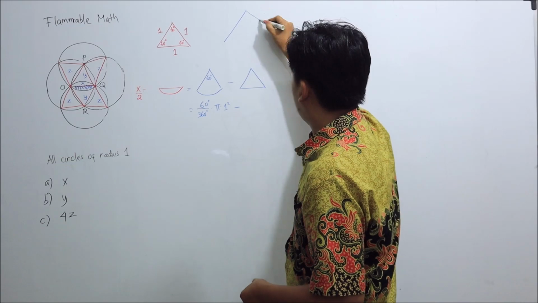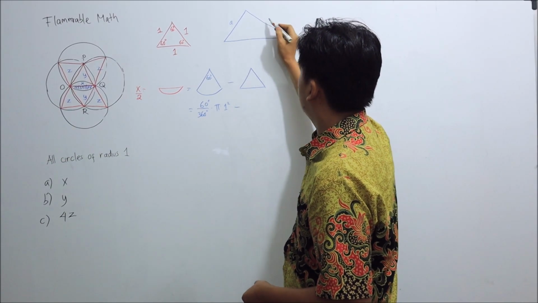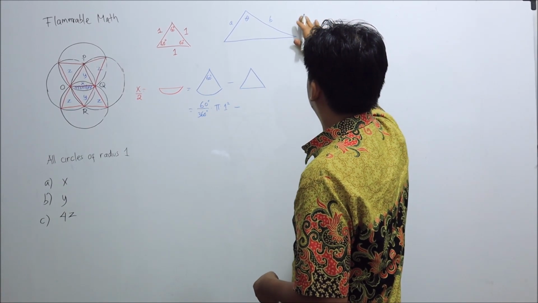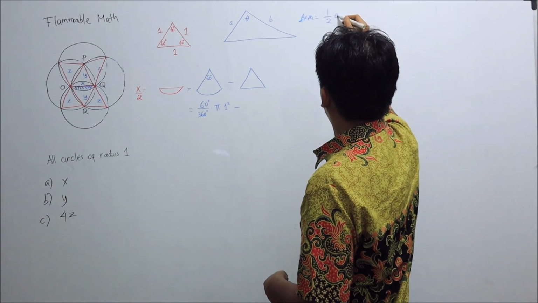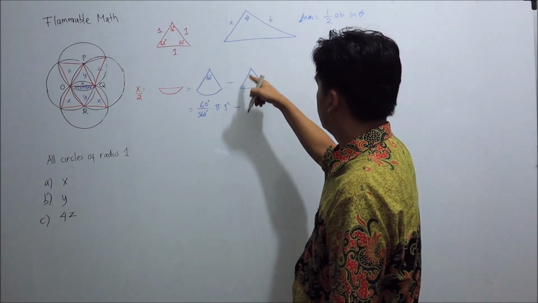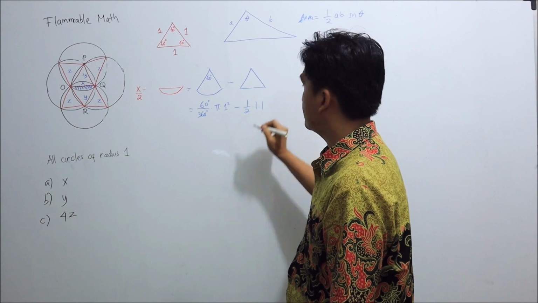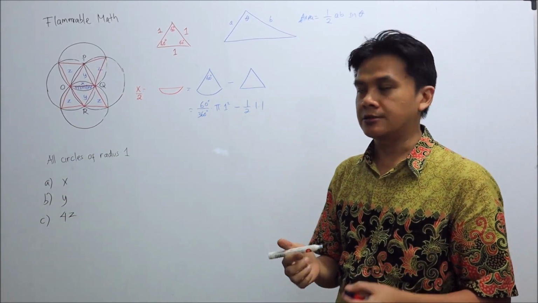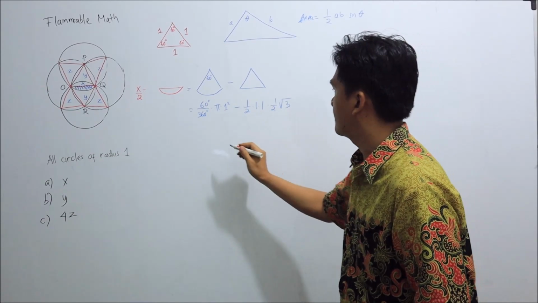Remember that if we have an arbitrary triangle where this length is A and that is B and the angle between them is theta, the area of the triangle is half of AB sine theta. So in this case, the area of this equilateral triangle is 1/2 times 1 times 1 times sine of 60 degrees, and sine of 60 degrees is nothing but 1/2 square root of 3.